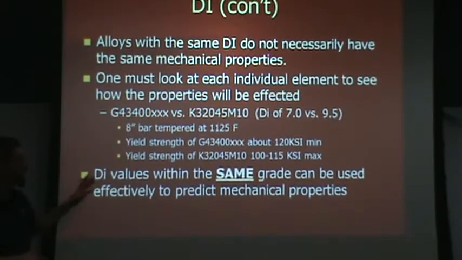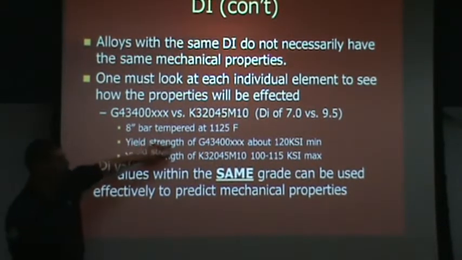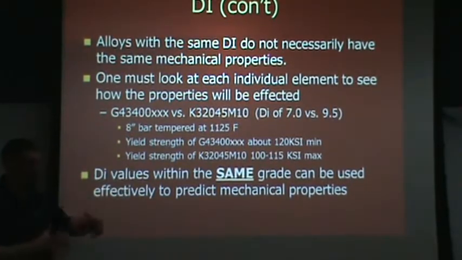But if you're looking within the same grade, let's say I've got multiple heats of the same grade or very similar grades, and these two grades are not very similar chemically, but if I had things that were pretty close, now I can look at the DI and compare and say, well, okay, that one's a 7 and this one's a 6. I'm trying to get a certain set of mechanical properties for my customer. I think I'm going to go with the one that's a 7.